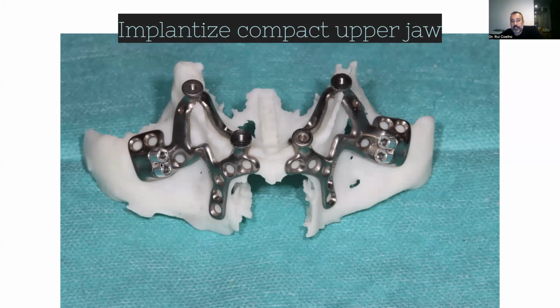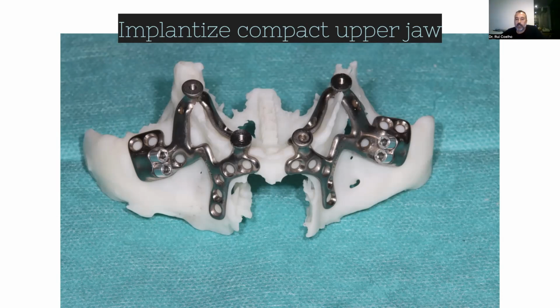These guides are screwed inside the implant because, as I told you, after we make the preparation of the zygoma, we will remove the guides and the screw will engage on the implant, okay? So the screw will be fixed to the implant.